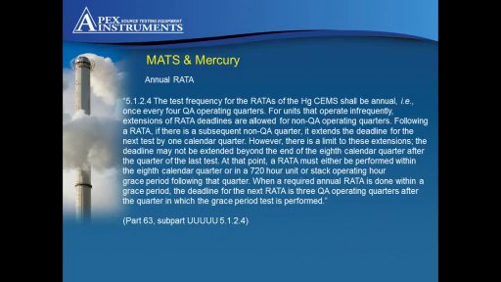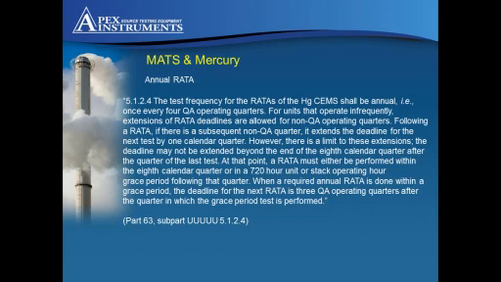For any facilities that do not run the system for any quarter within that year, you may extend the RATA anniversary date by the number of quarters that the system did not run. There is a limit, however, that you can only extend up to 8 quarters for this extension, which obviously equals 2 years. After 2 years, the RATA must be performed regardless if the system is running or not.